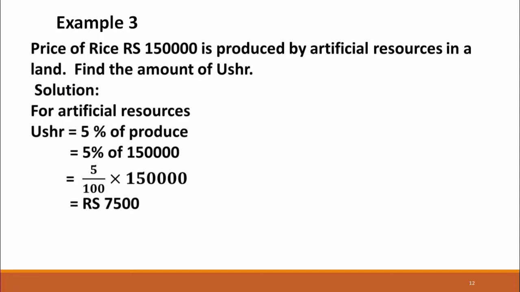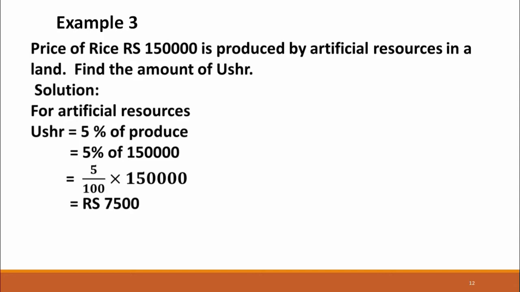To find the amount of Ushr. So, dear student, this is a very simple question. You see here, the rate of Ushr is 5%, because in this problem it is clear that the land is irrigated by artificial resources.